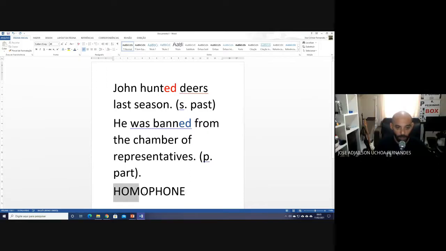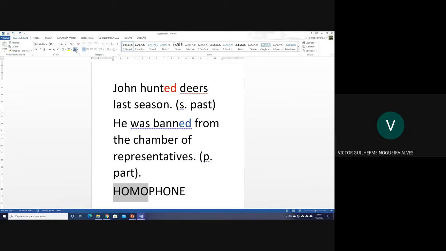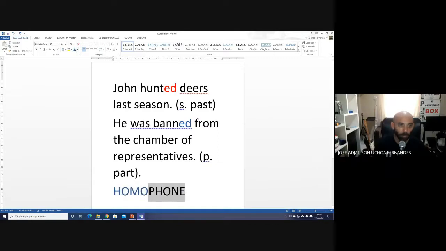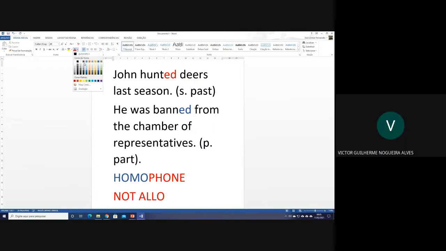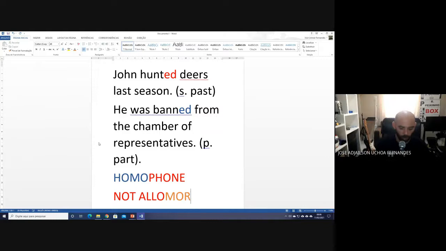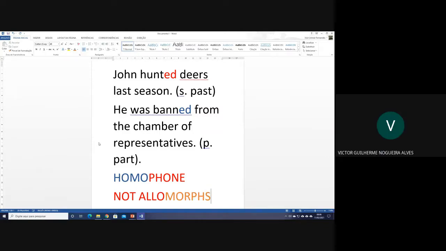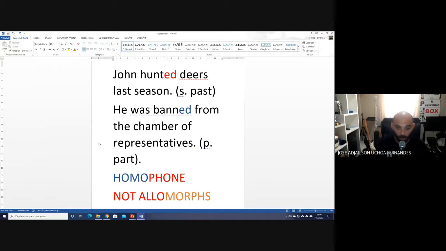They have the same sound, but they are not similar forms, because this form here is participle and this form here is simple past.